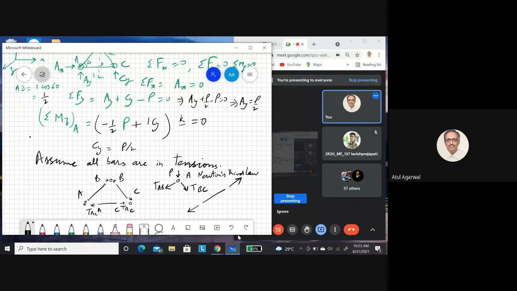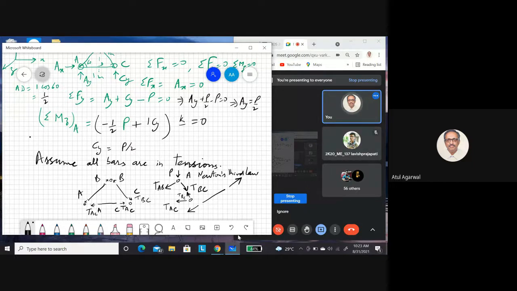Like here, pin C. So this force TAC will be like this, and force TBC will be like this. Bar BC is having tension TBC. The pin is pulling it in this direction, so the bar will pull the pin in the opposite direction.